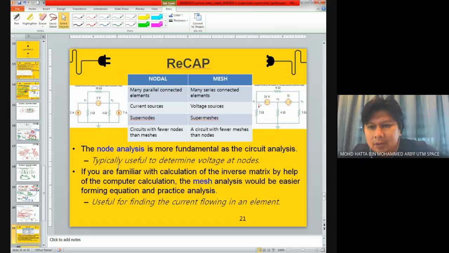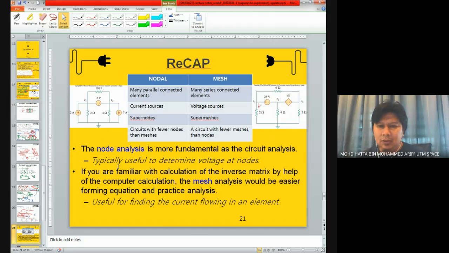But remember, please pay attention to the question given to you. If the question specifically asks about node analysis, it means you need to apply node. If it asks about mesh analysis, you need to apply mesh analysis.